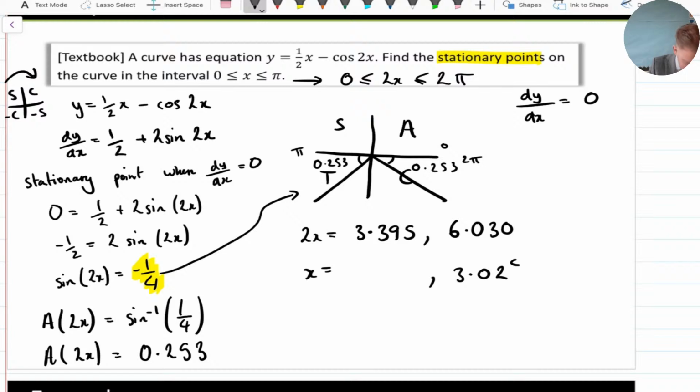And this one on the left-hand side, 3.395 divided by 2 is equal to 1.70 radians to 2 decimal places. Let's just check that.